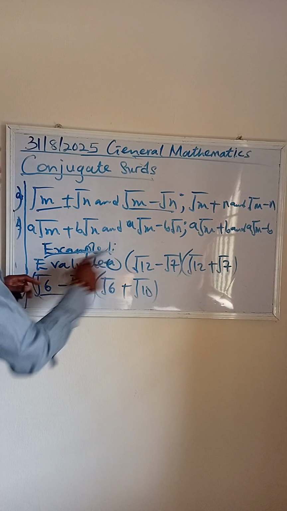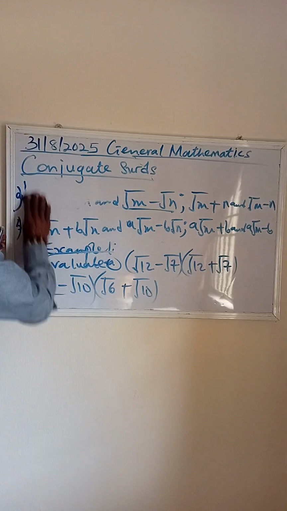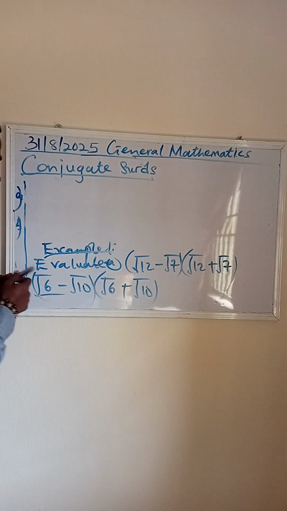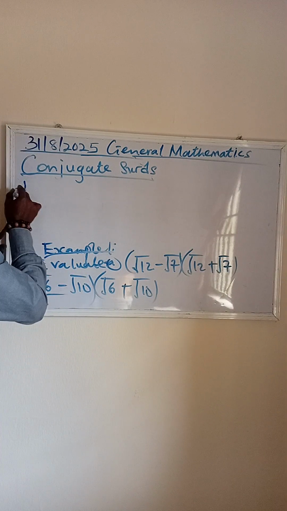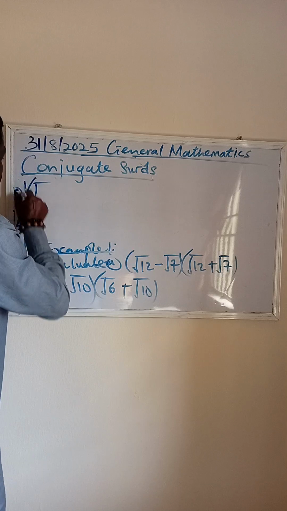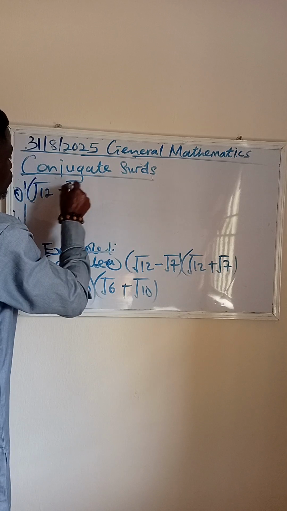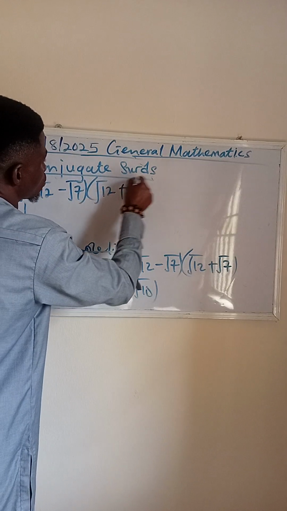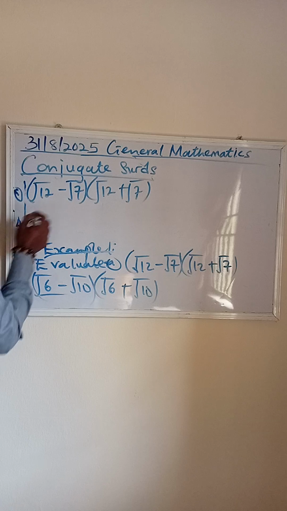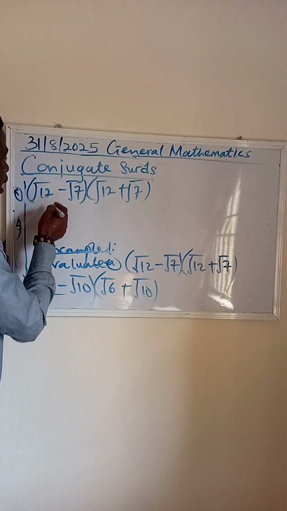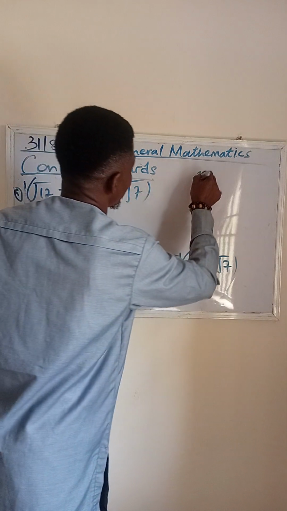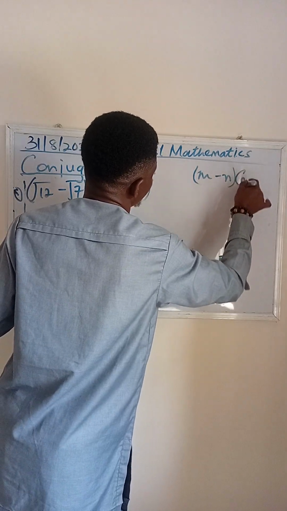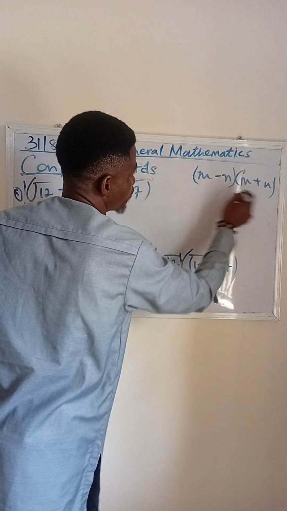Let's solve number 1 and let's see what we are going to have. So we have bracket root 12 minus root 7, then we have root 12 plus root 7. If you want to multiply, don't forget that when you have bracket n minus m, bracket n plus m, this is what we call difference of two squares.